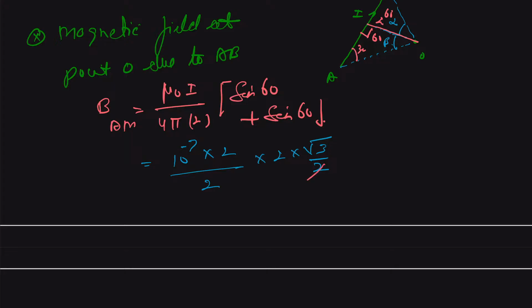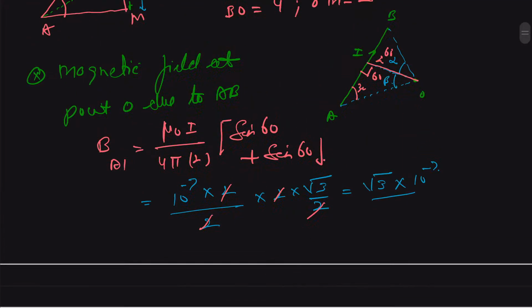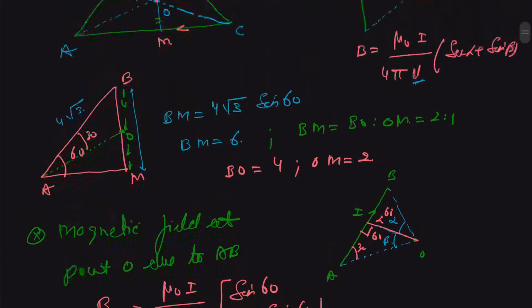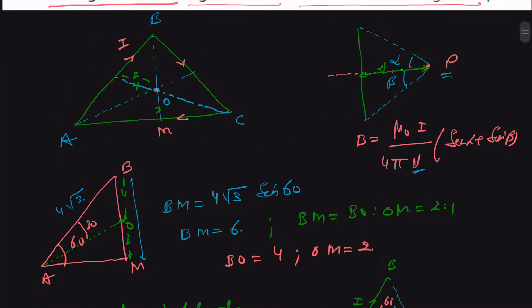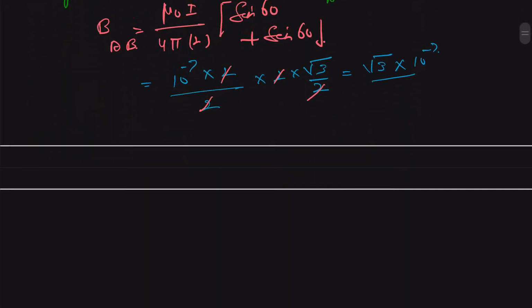So this 2 cancels out, and we get this is equal to square root of 3 multiplied by 10 to the power minus 7, and this is only because of AB. Similarly, we can find out because of BC and because of AC, and all these will be equal because everything is the same.